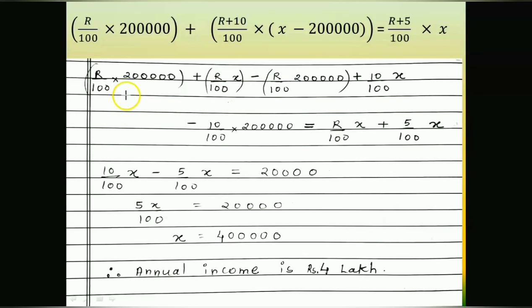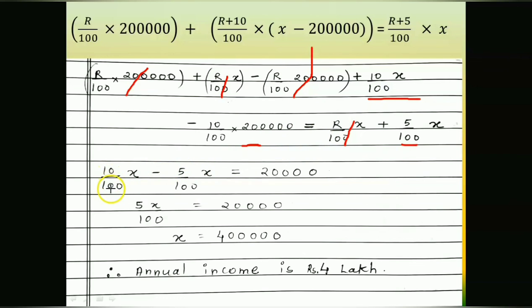So clearly you can see this quantity will get cancelled with this, and this also gets cancelled with this, and we are left with only 3 quantities, 1, 2 and 3. Okay, this is 10 divided by 100 into x. This I am taking on the other side of this equal to sign, so its sign will become negative.